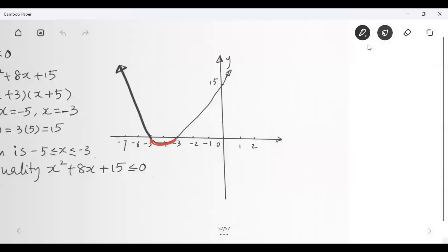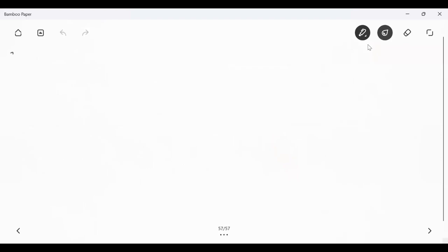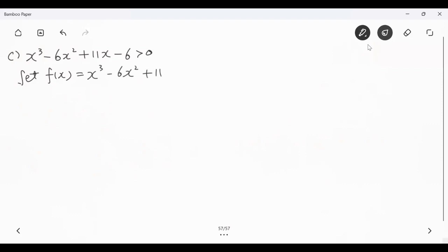Okay, and next is 3. C, x cubed minus 6x squared plus 11x minus 6 greater than or equal to 0. And set f(x) equal to x cubed minus 6x squared plus 11x minus 6.